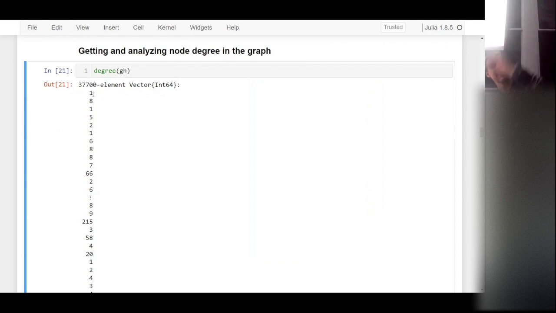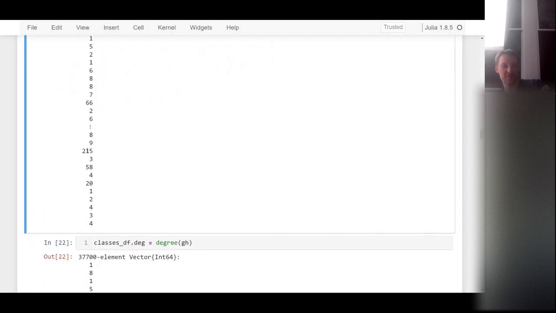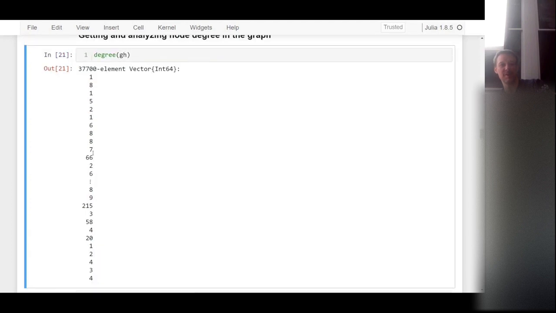And what is the maximum degree in my graph? What is the value that I'm sure it will not be higher than? We don't know how big it will be, because we can see that it's at least 215, but maybe it's bigger.